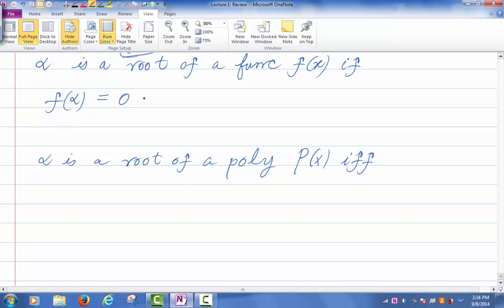It means if and only if. If and only if x minus alpha is a factor of p of x. What does it mean to say that x minus alpha is a factor of p of x?